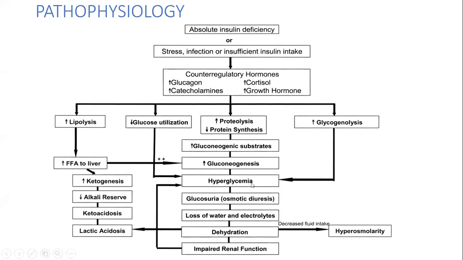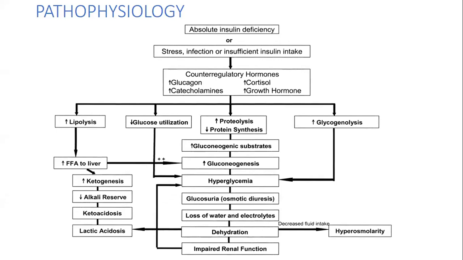All this will lead to hyperglycemia. There will be a lot of glucose circulating within the blood system, and when it gets to the renal system, there will be osmotic diuresis, like loss of glucose through the urine after the renal threshold of 10 millimoles per liter has been exceeded. And water and electrolytes follow glucose.